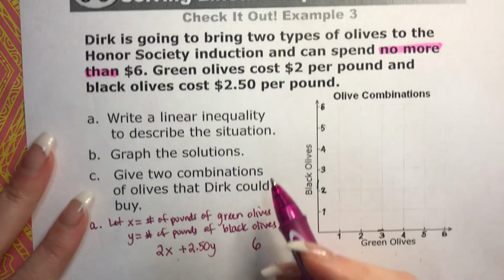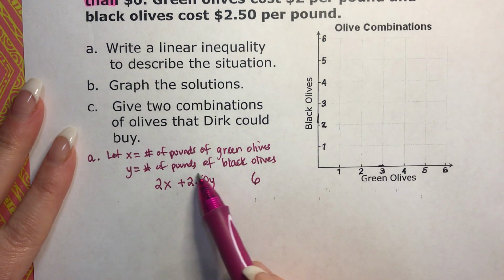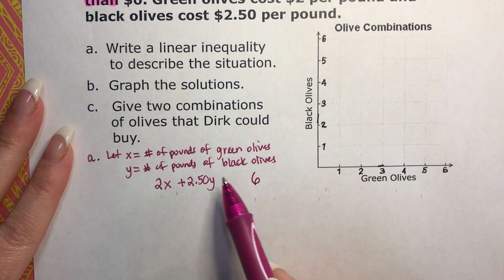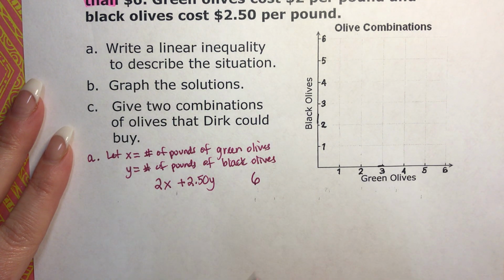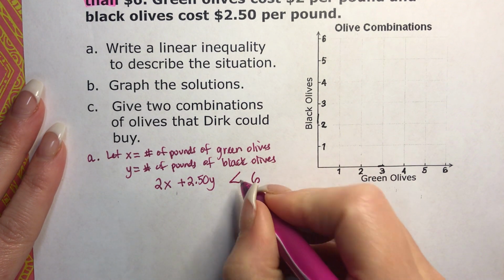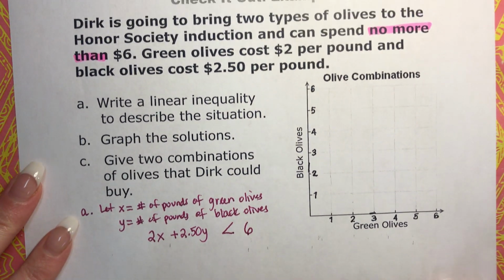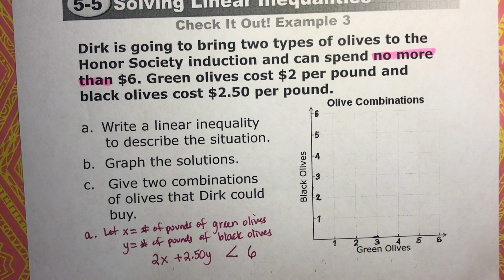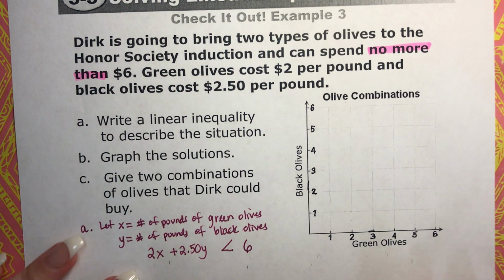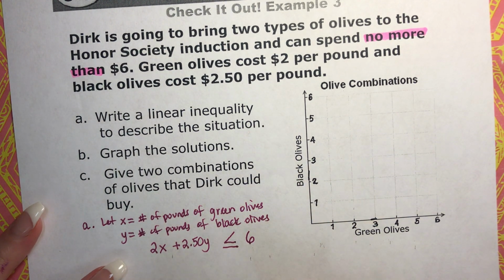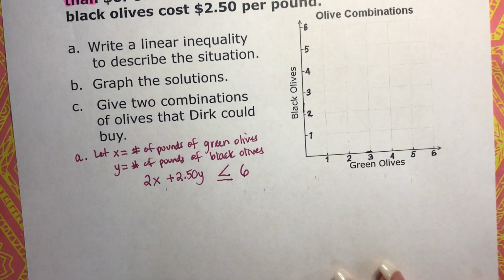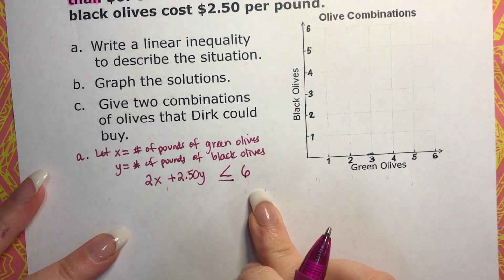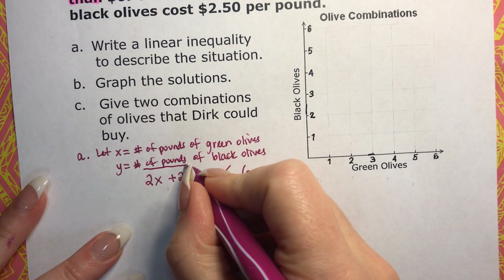So that means that this cannot be more than 6. This has to be less than 6. But no more than 6 means that it can be 6. It just can't be more than 6. So that means that it can equal 6. Okay? So basically there is our linear inequality there.